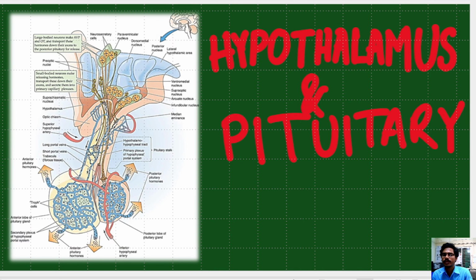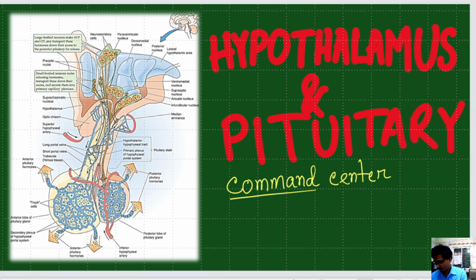We will explain about the hypothalamus and the pituitary gland. The hypothalamus and pituitary are the command center of all the endocrine glands.